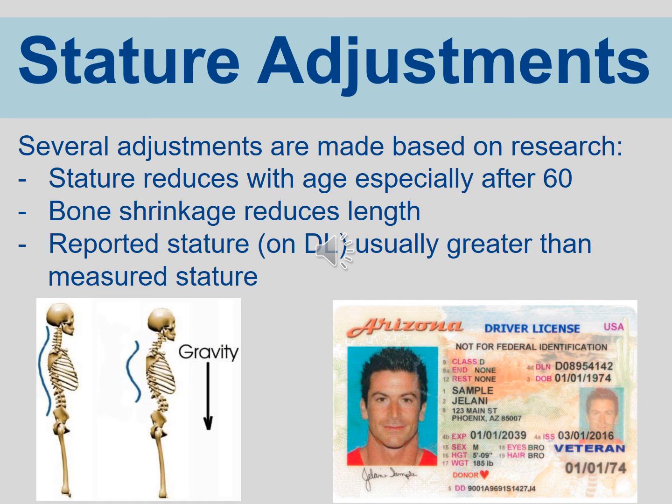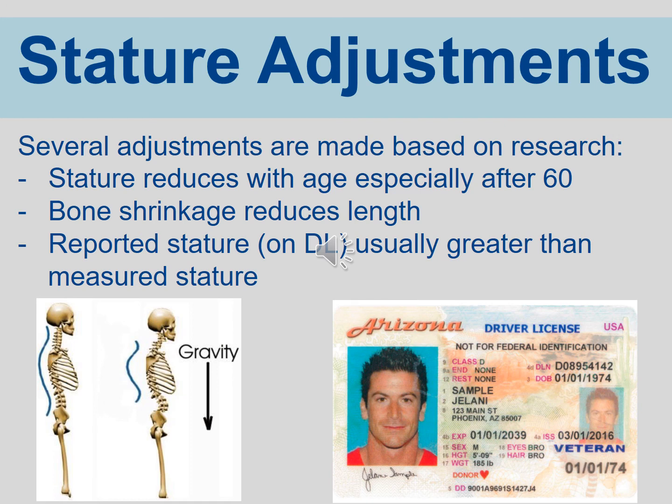The actual bones compress because the bones become more brittle with osteoporosis. And females are more prone to osteoporosis because of hormonal changes after 60 years of age. This reduces the length and heights of a number of different bones that you would measure.